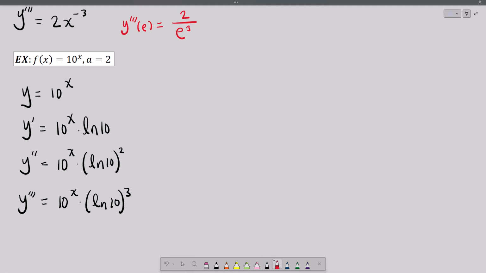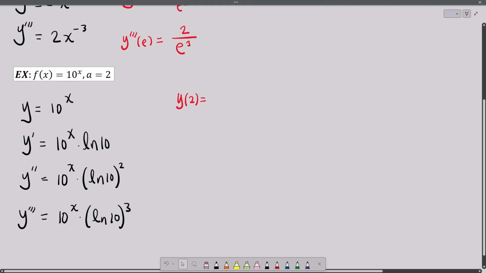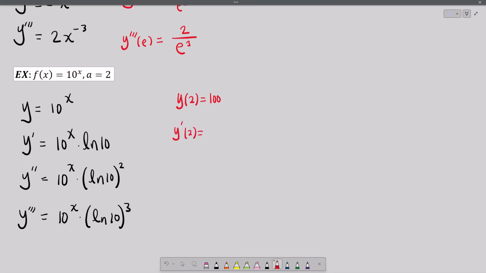And now we plug in our center. Our center here is 2, so this will be 100. Y prime of 2 will be 100 natural log of 10. Y double prime of 2 will be 100 natural log of 10.